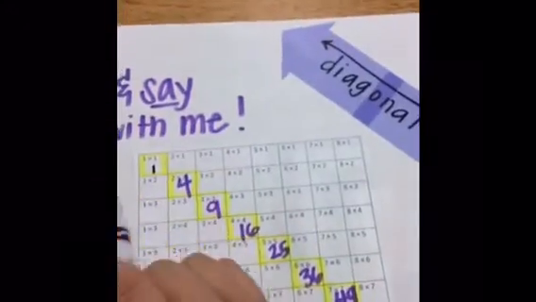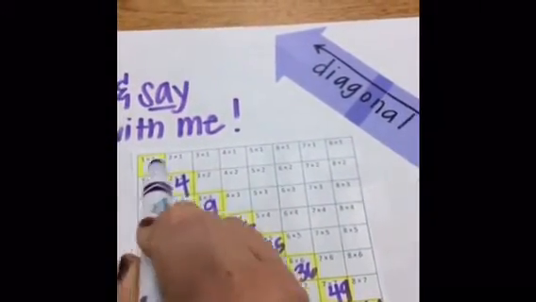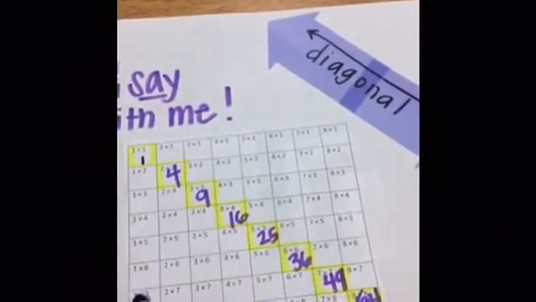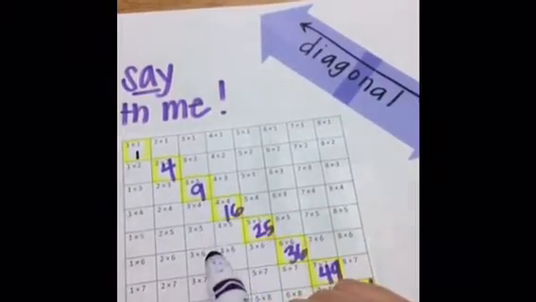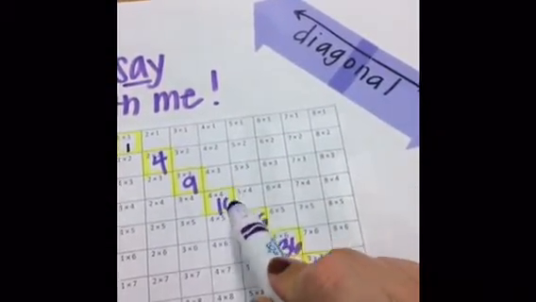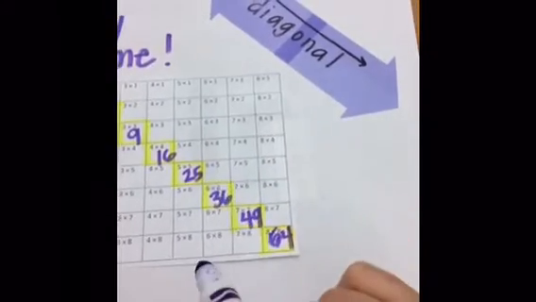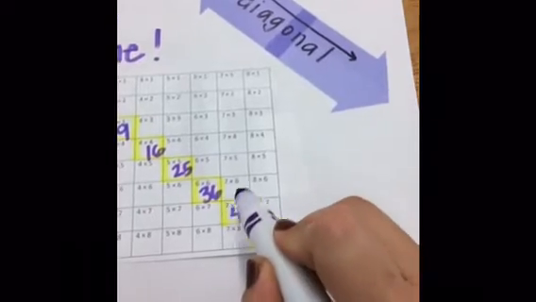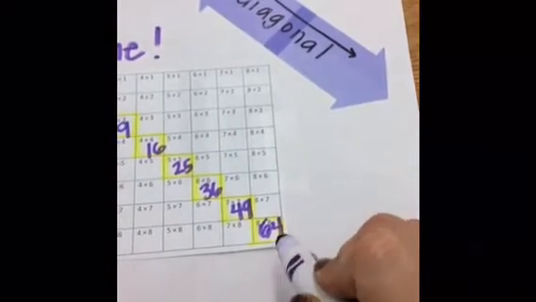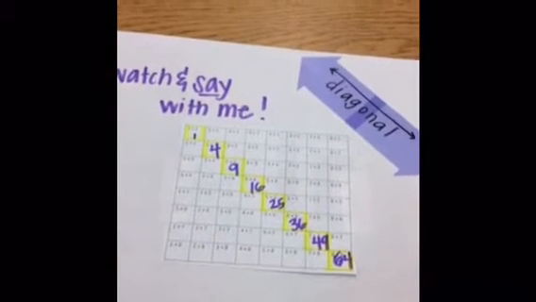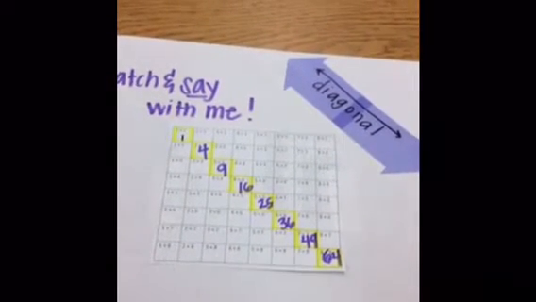Let's say them together again. 1 times 1 is 1. 2 times 2 is 4. 3 times 3 is 9. 4 times 4 is 16. 5 times 5 is 25. 6 times 6 is 36. 7 times 7 is 49. 8 times 8 is 64. Awesome job. Thanks for following along with me.